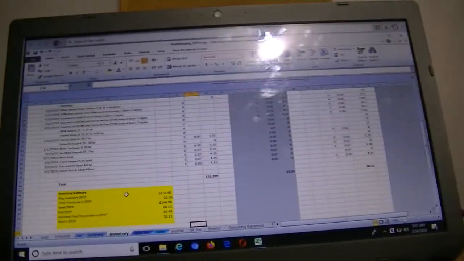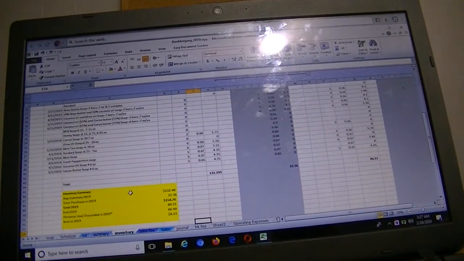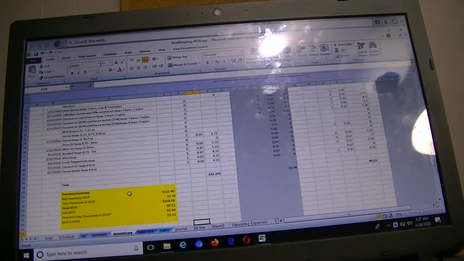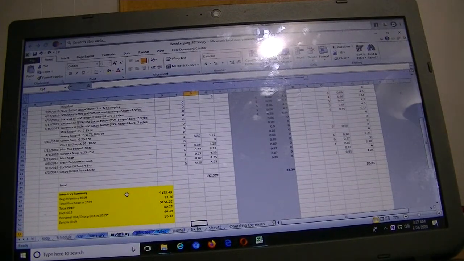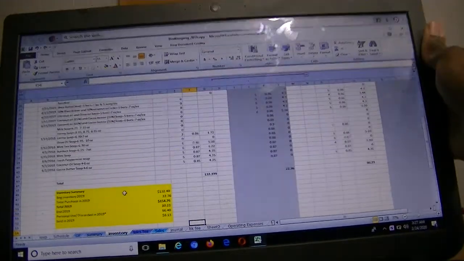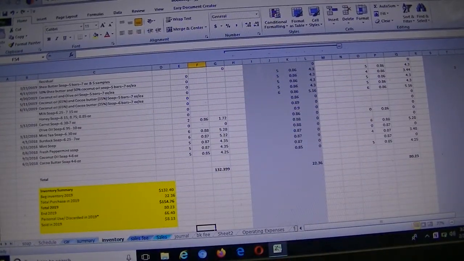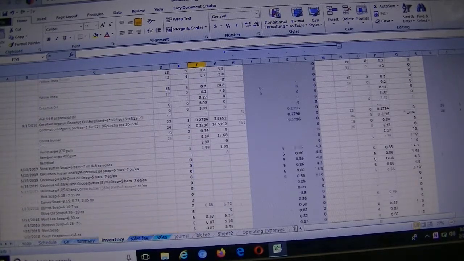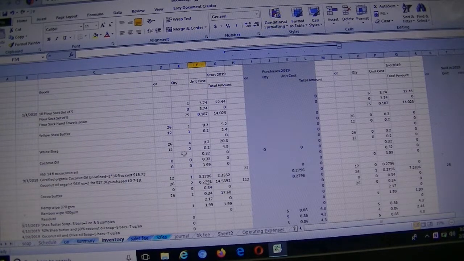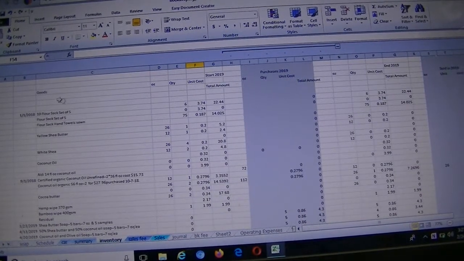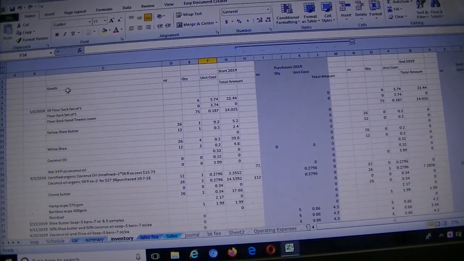As you can see here, the spreadsheet will have things that I have on hand at the beginning of the year, and I'll just list all my product here.